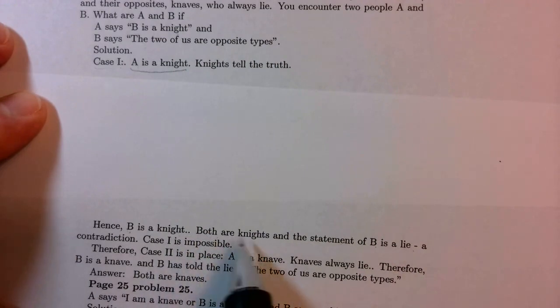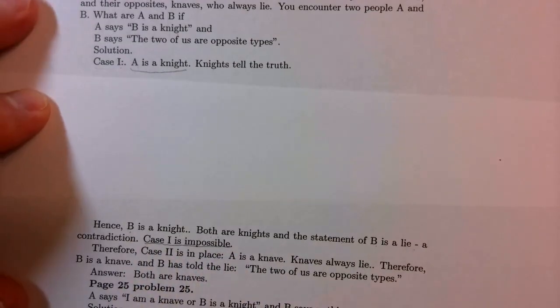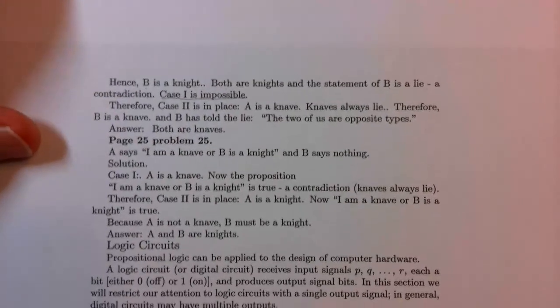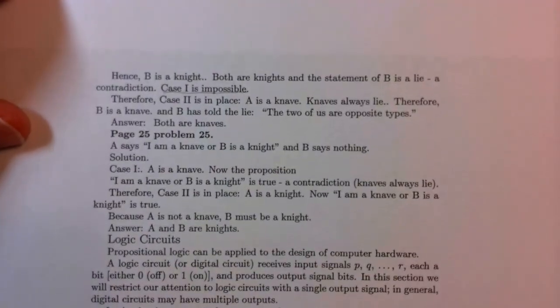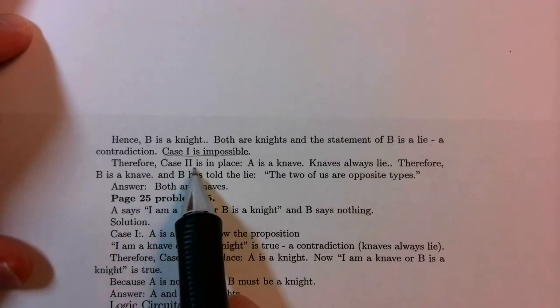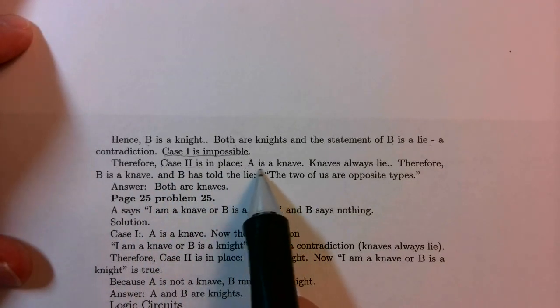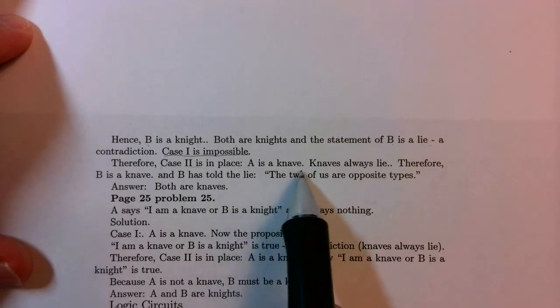But B, being a knight, cannot lie, so this is a contradiction. This means that case 1 is impossible. So it follows then that case 2 must be in place. That is, A must be a knave.